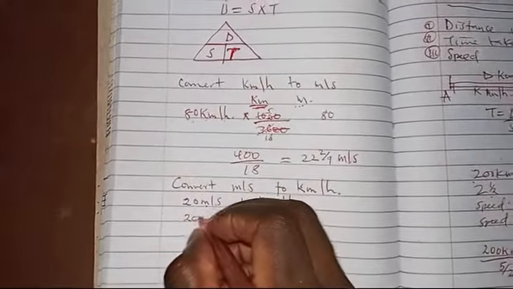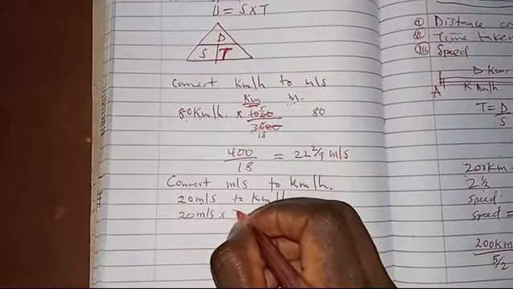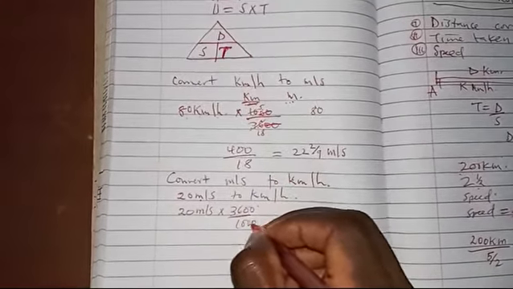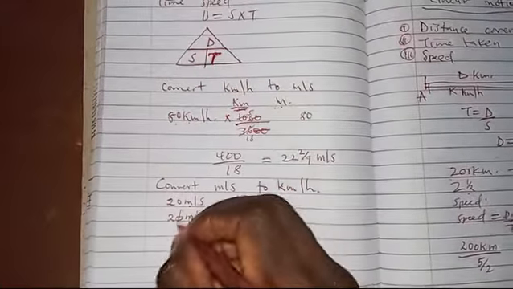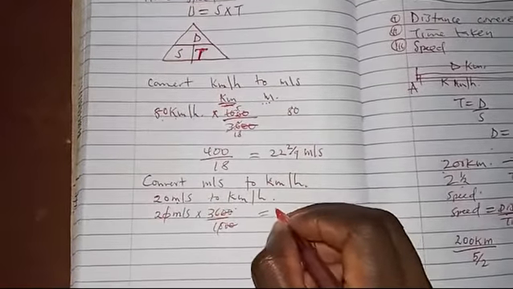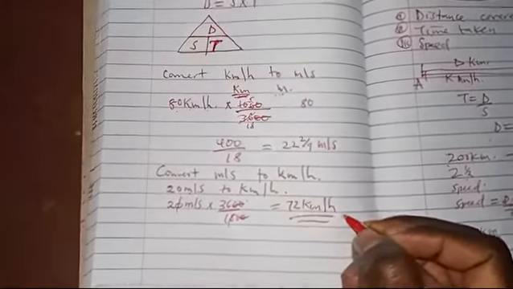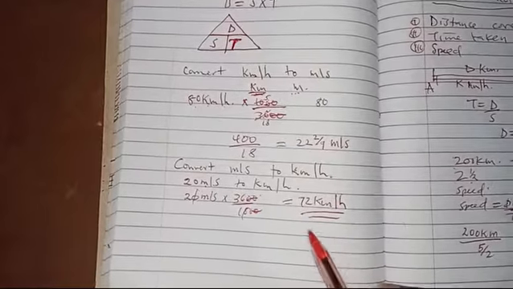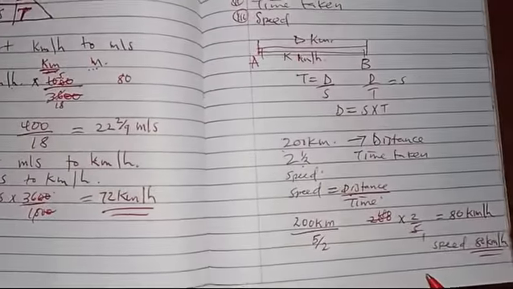So it will be 20 meters per second multiplied by 3600 over 1000, and this gives you 2 times 36, which is 72 kilometers per hour. So you have to be very keen when converting from kilometers per hour to meters per second, and from meters per second to kilometers per hour.